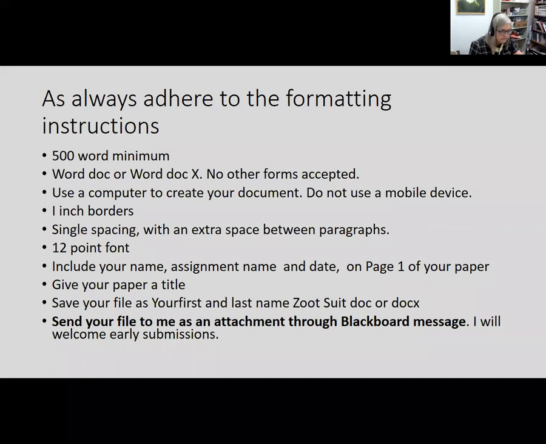So as always, you're going to adhere to the formatting instructions. First of all, 500 word minimum. If your paper is less than that, then you'll be graded on the percentage of your paper that's complete.